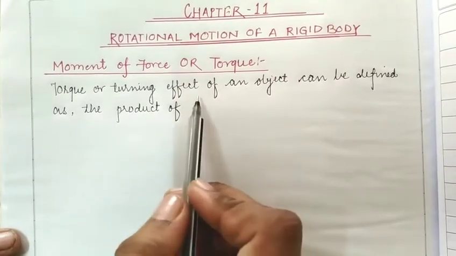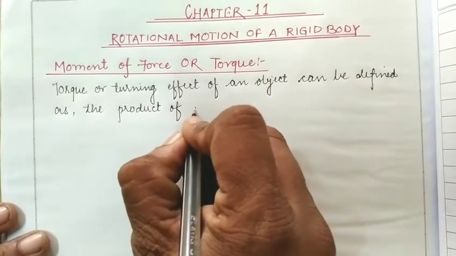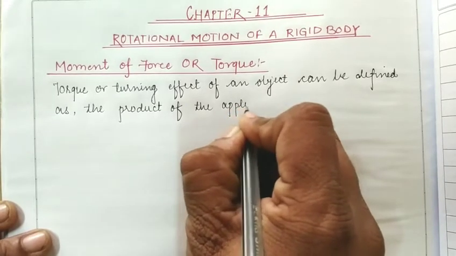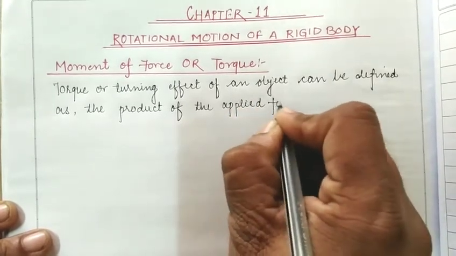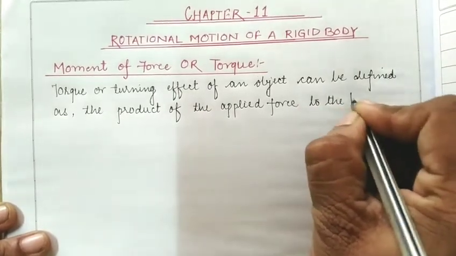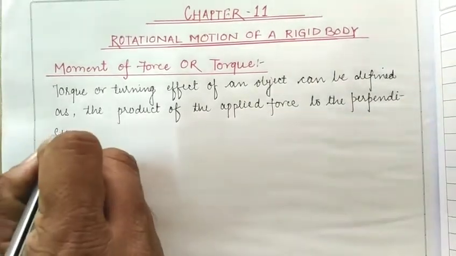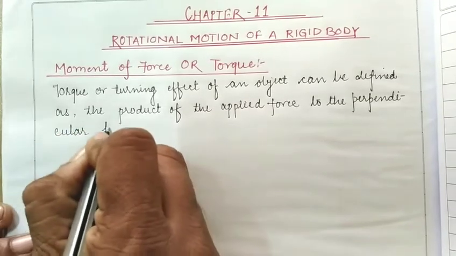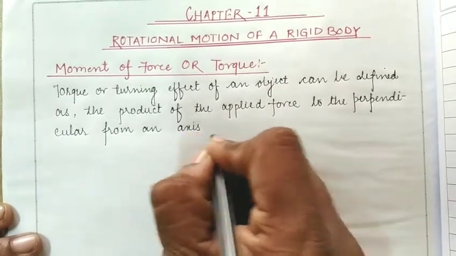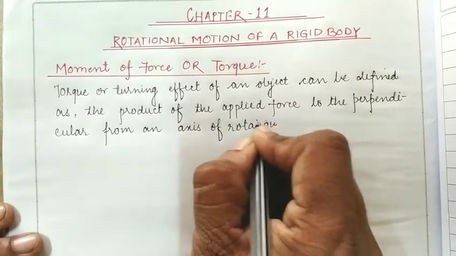The torque or turning effect of an object can be defined as the product of the applied force to the perpendicular distance from an axis of rotation of a body.